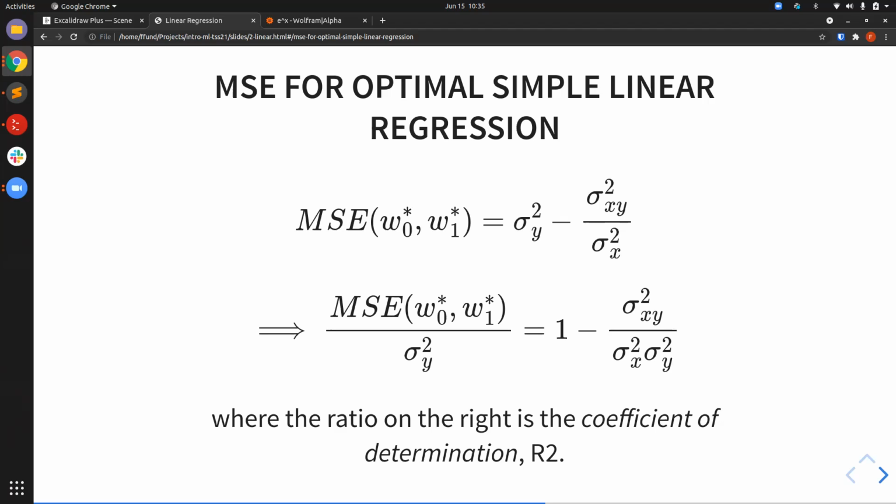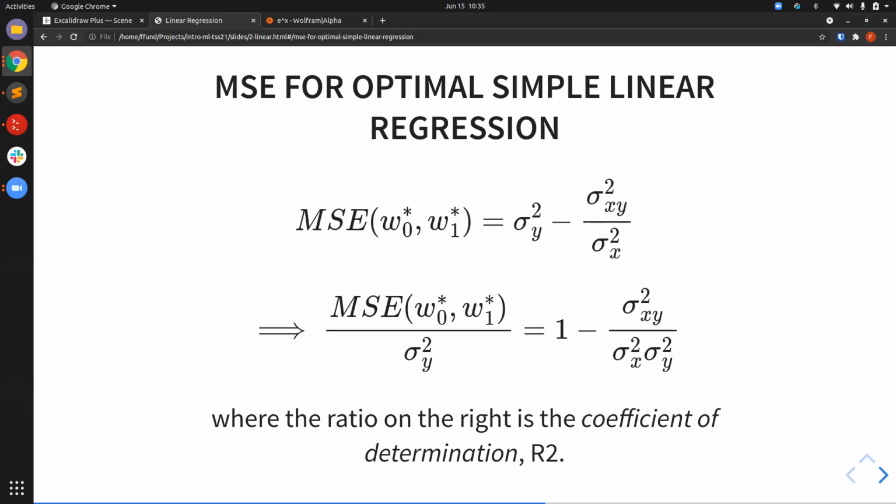R squared is defined as that coefficient of determination, which is a characteristic of the data inherently. But it's also used to refer to this quantity of 1 minus mean squared error over the sample variance. And that quantity obviously depends very much on the model and tells us about the goodness of the model. Now, what we saw previously is that these two quantities are equivalent when we use the optimal parameters for our linear model.